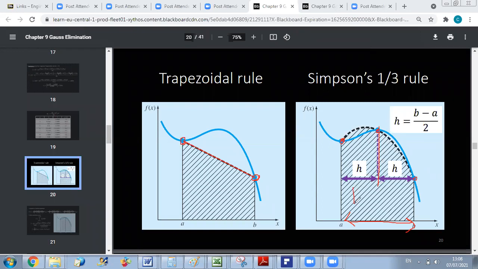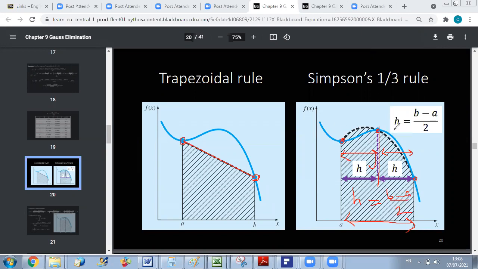And we can then define h, which is the distance between the first and the second point, and the distance between the second and the third point, as (b minus a) over 2. And now we will interpolate the function by a quadratic function.